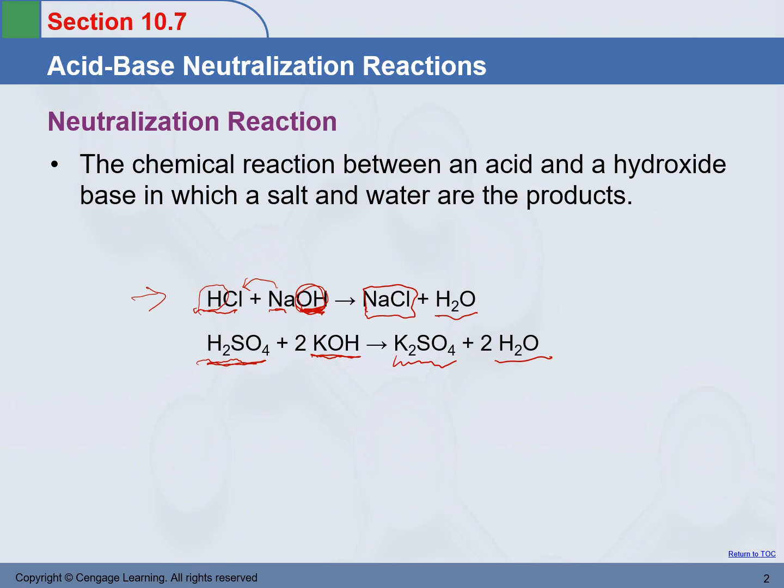Same thing here. Before, potassium is combined with OH and hydrogen is connected to sulfate. Afterwards, hydrogen is combined with OH, and potassium is combined with sulfate: potassium sulfate, and water, HOH.